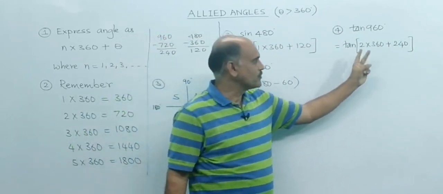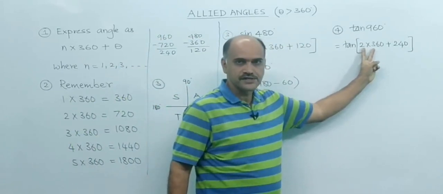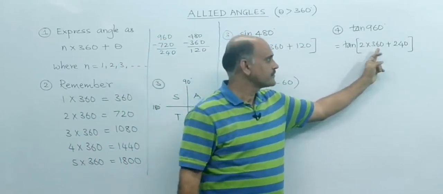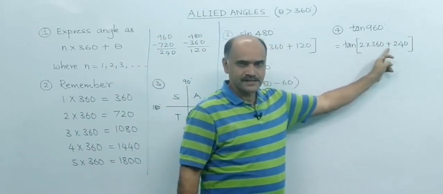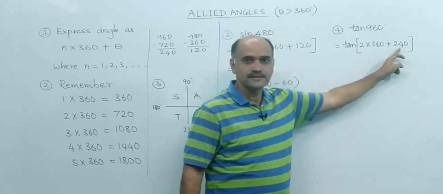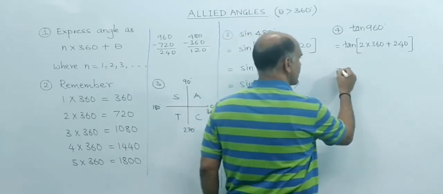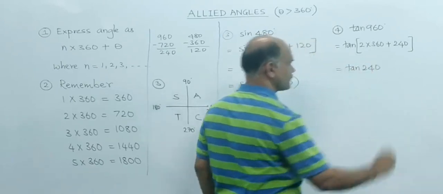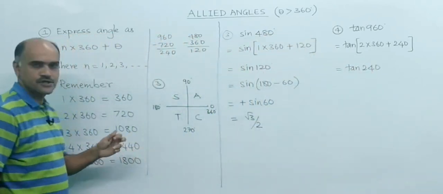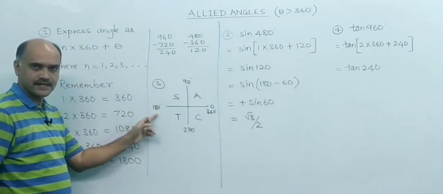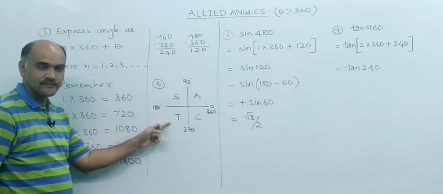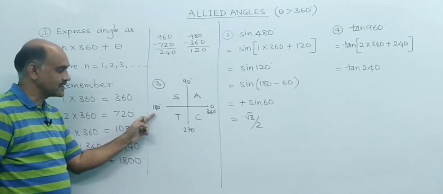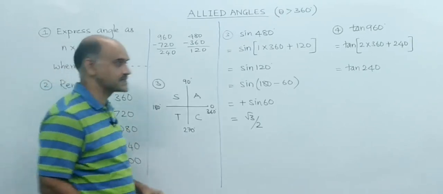So again from our method, this 2 into 360, you leave it. Here compulsory plus has to be there. So what remains? 240. So you'll have tan 240. Now again observe, 240 is greater than 180. So 240 can be written as 180 plus 60.